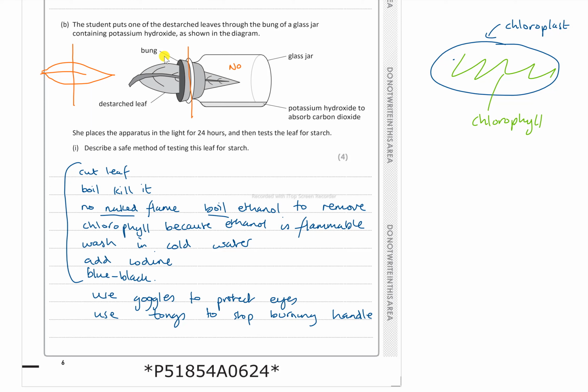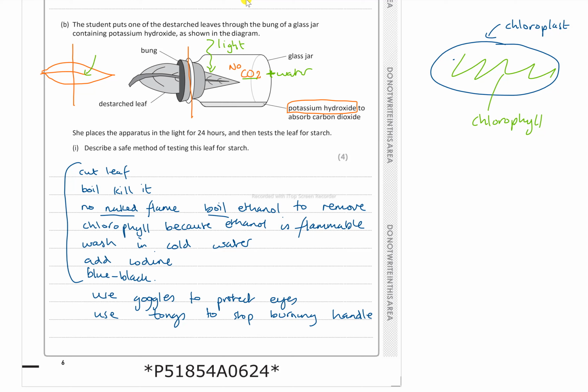This has got no CO2 because potassium hydroxide has absorbed it. We've done this in another video. Because there's no CO2, there's no photosynthesis taking place, even though there is light coming in, because you need CO2 and water.